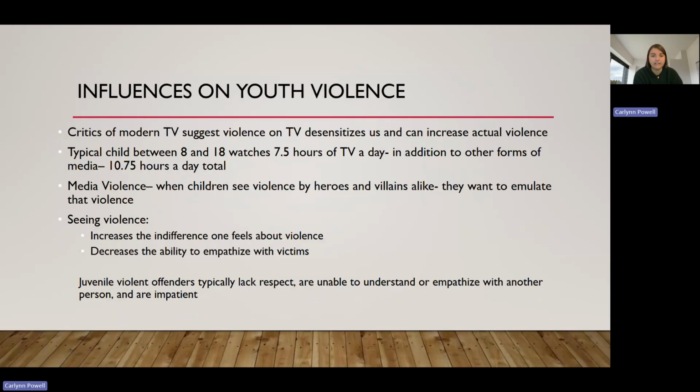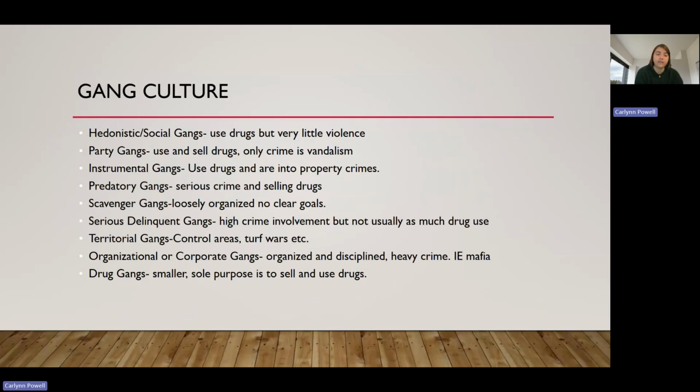So definitely something to watch for. And honestly, even just thinking about how much violence they are exposed to, you can automatically assume that if a child is playing these video games and consistently watching whatever TV show they want to, there's a good chance that their brain is already desensitized and that they're going to struggle with empathy as they grow older.